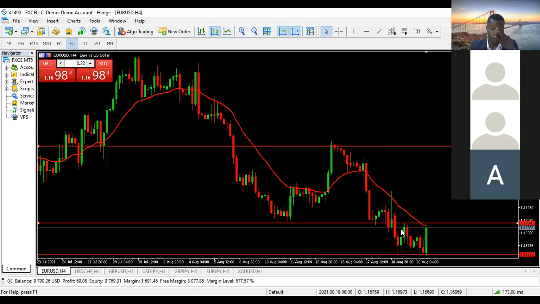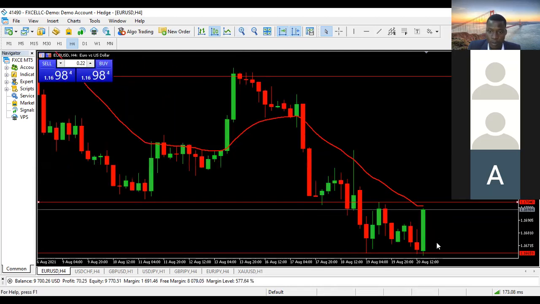Now the candlestick is still below the moving average, although it's coming up. This particular 1 hour, 4 hour candle just comes up, it pushes green, you buy from here to here. But we still have sell pressure in this market because the moving average is still above the price.